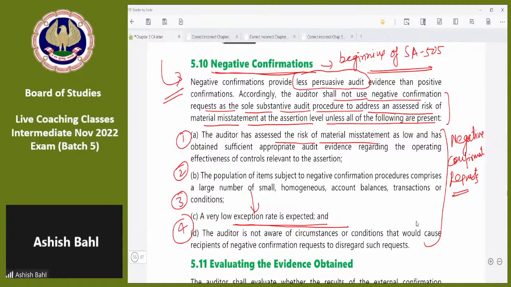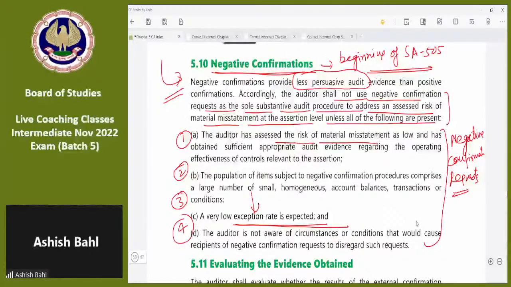So clear, students? In what conditions are negative confirmation requests usually sent? Now, Sri Nagalakshmi, negative confirmation requests are to be sent normally when all these four conditions are present.